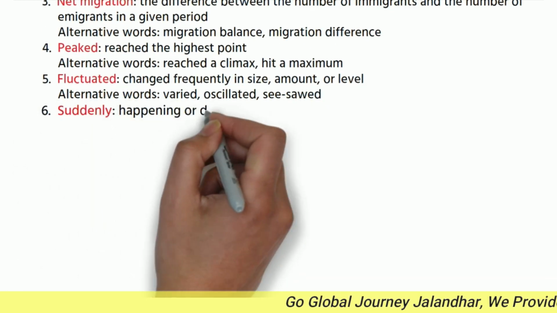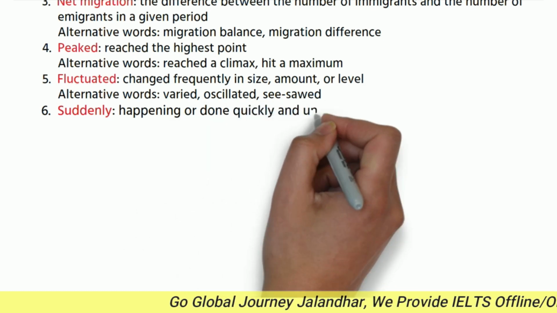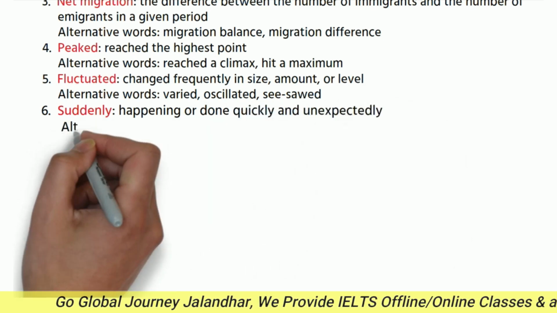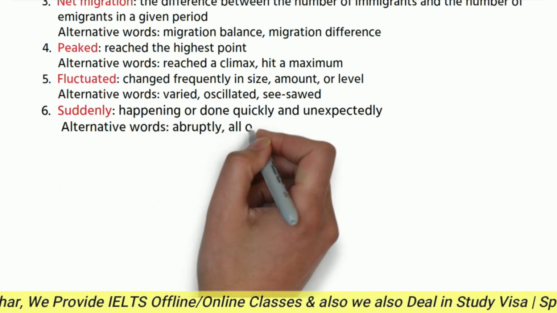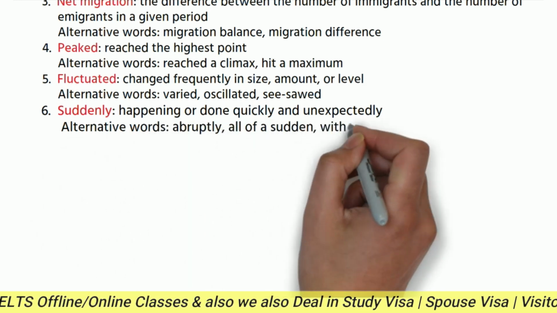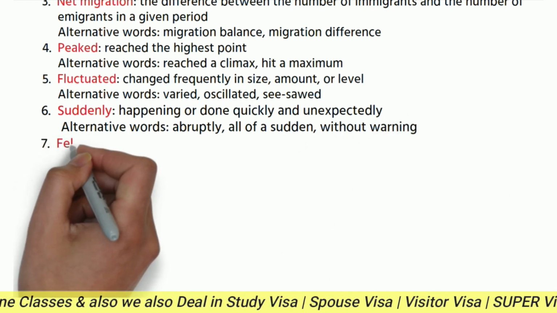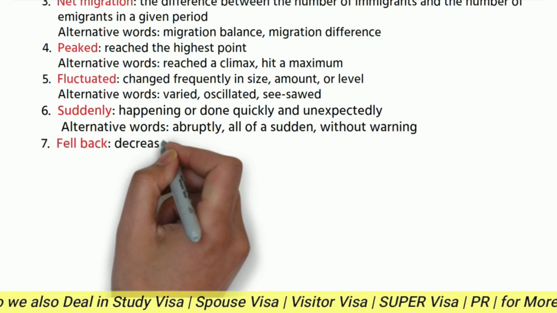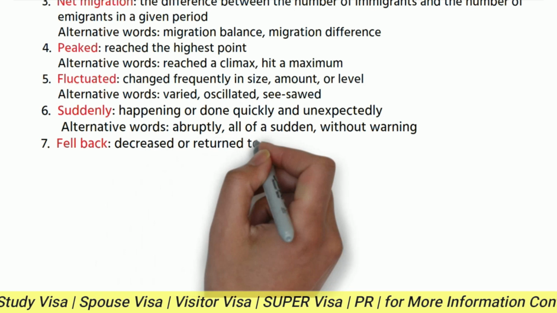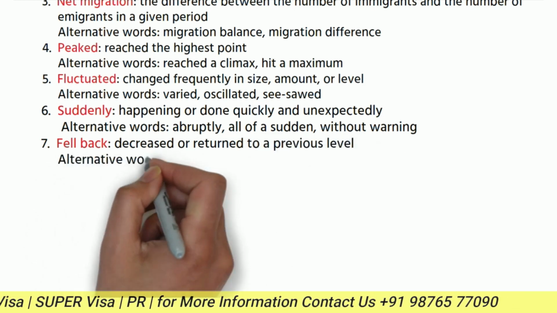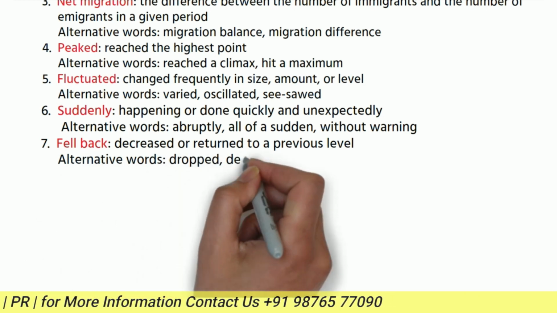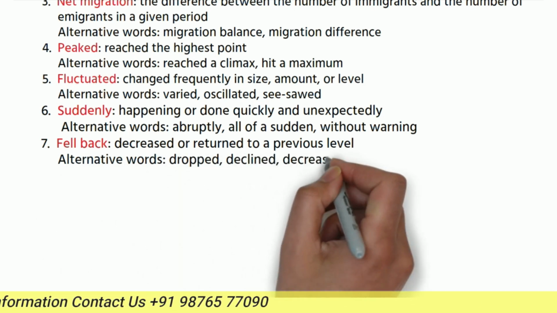Suddenly. Happening or done quickly and unexpectedly. Alternative words: abruptly, all of a sudden, without warning. Number 7. Fell back. Decreased or returned to a previous level. Alternative words: dropped, declined, decreased again.